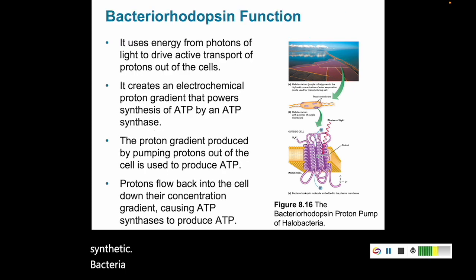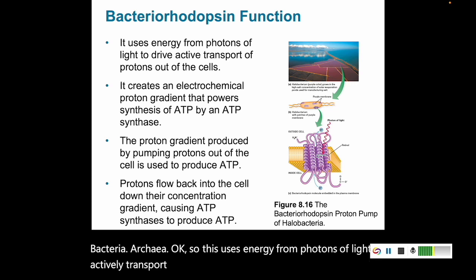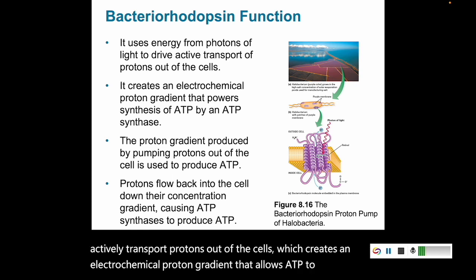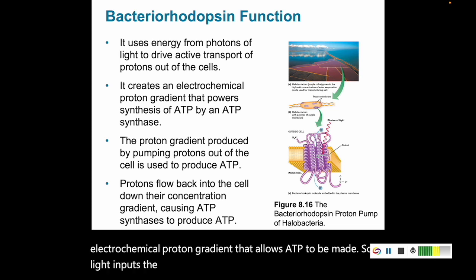Okay. So this uses energy from photons of light to actively transport protons out of the cells, which creates an electrochemical proton gradient that allows ATP to be made. So light inputs the energy, protons pumped out, ATP synthase brings that proton back in and makes ATP.